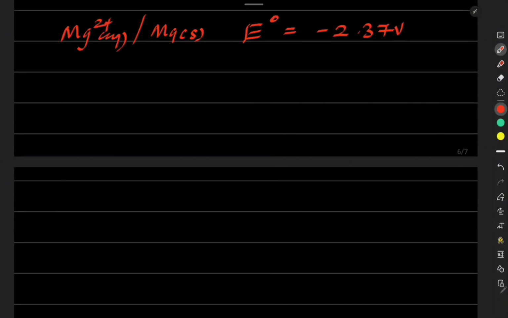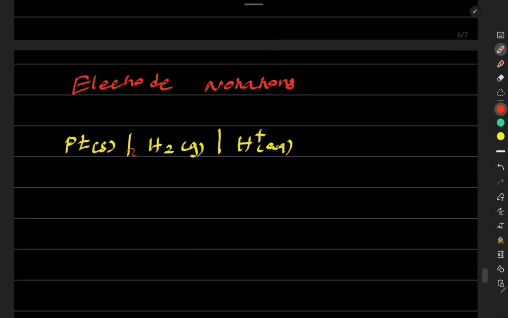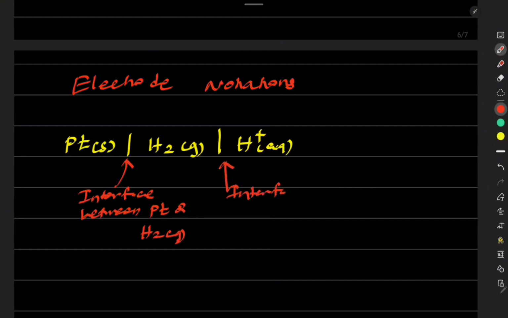Now let's see how the electrode notations are written. Electrode notation: Pt solid, a dash interface, H2 gas, and it forms H+ aqueous. The vertical line shows the interface between Pt and H2 gas, and this line shows the interface between H2 gas and H+ aqueous.